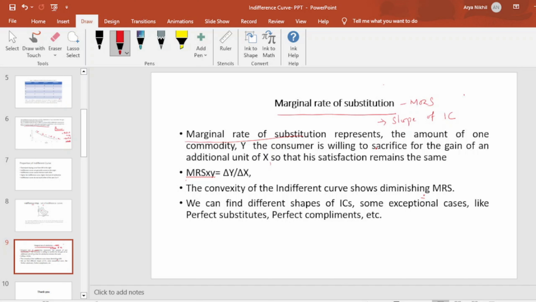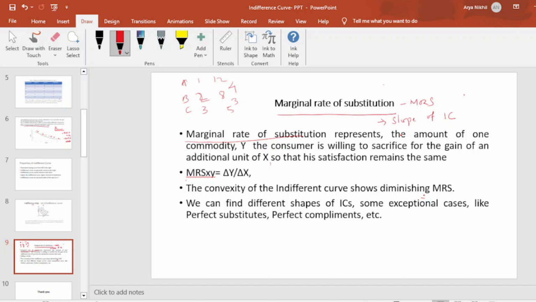Here, looking at A, B, C with 1 unit of X, 2 units of X, 3 units of X and 12, 8, 5 units of Y, in order to get an additional unit of X, we have to sacrifice 4 units of Y. Then to get the next addition, we need to sacrifice 3 units of Y.